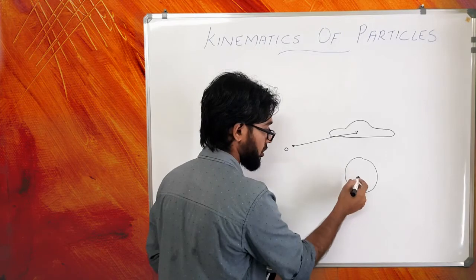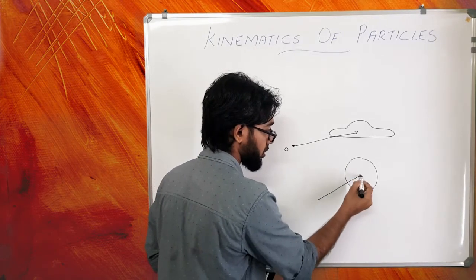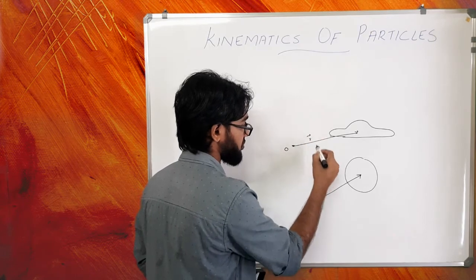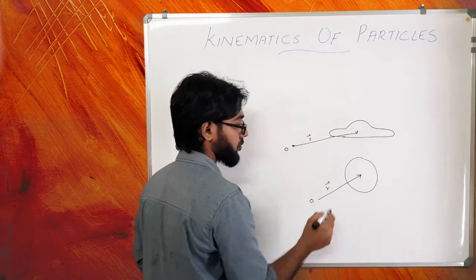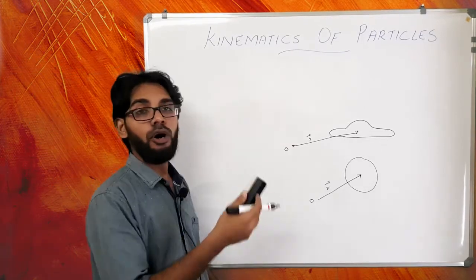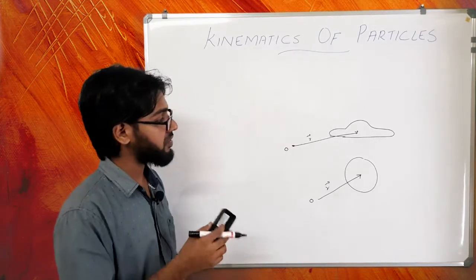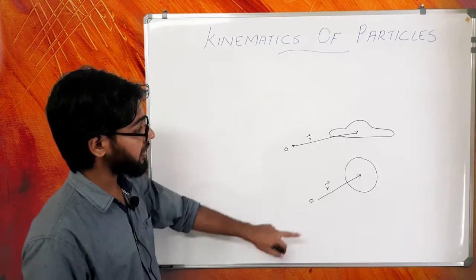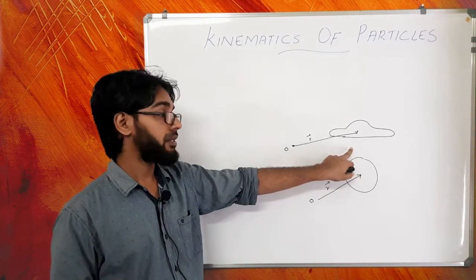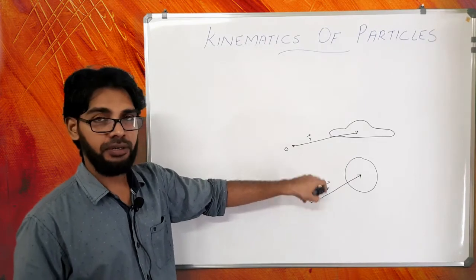Similarly, the mass center of this corresponding ball with reference to the point O, this will be your position vector. So in this case, when we idealize certain bodies of significant size and shape as particles, we shall be taking their mass center for determining the position vector.